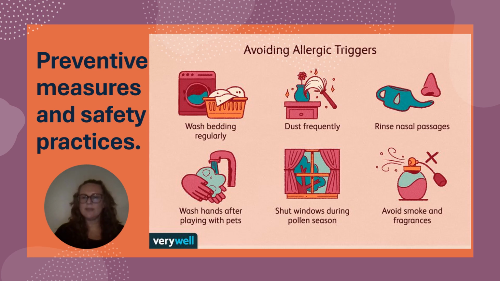That can help alleviate allergy symptoms by removing allergens and irritants and reducing congestion, sneezing, and the runny nose. We want to ensure proper hygiene practices are followed when handling pets, including hand washing. We want to shut windows during pollen season and ensure adequate indoor ventilation. And we want to avoid smoke and fragrances in a closed room with minimum ventilation.